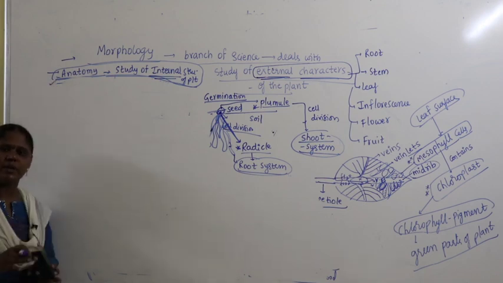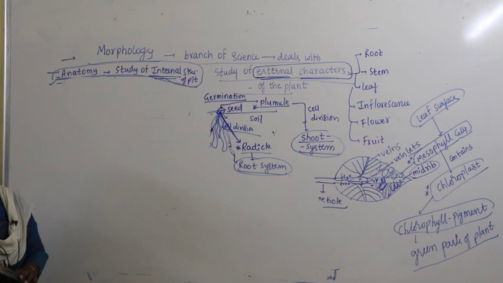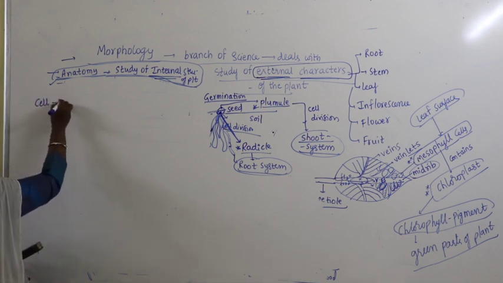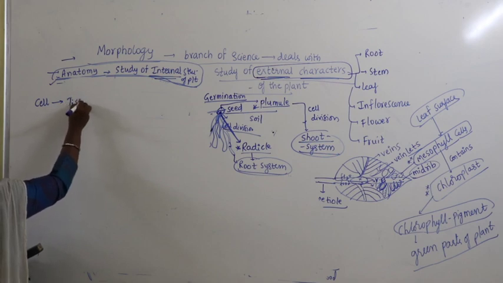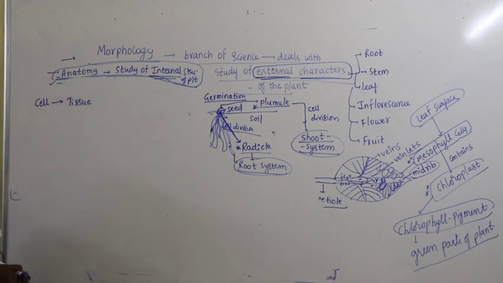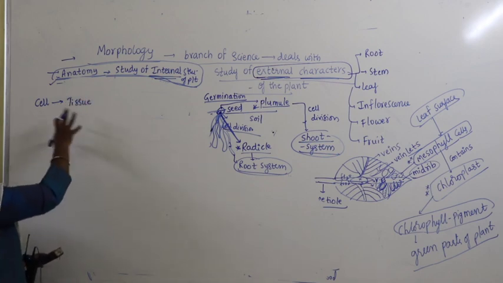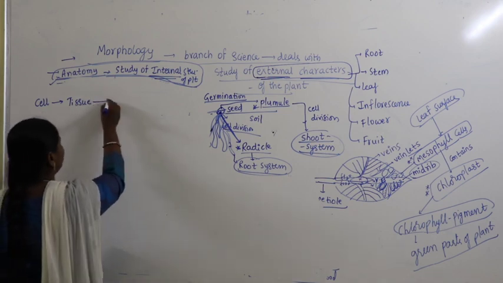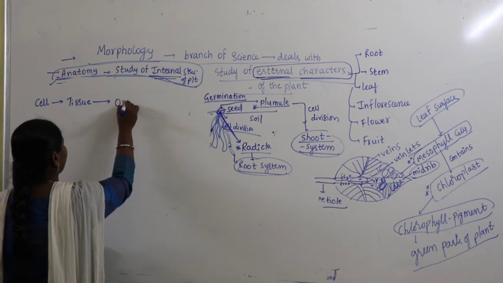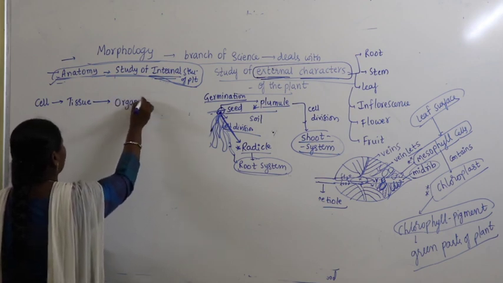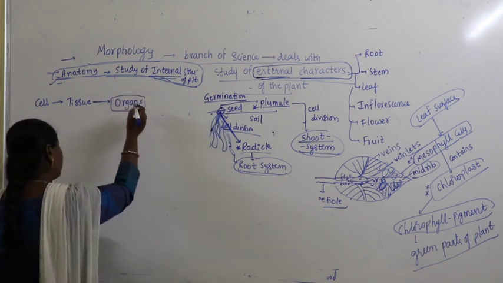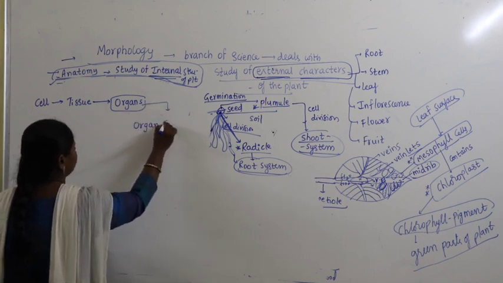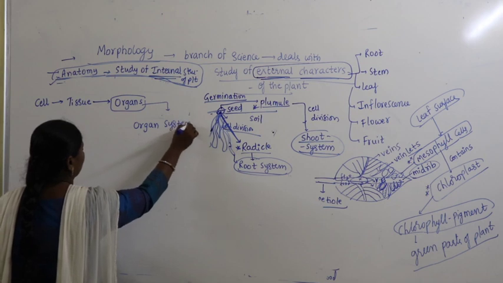Generally, if you take any living organism, the basic part is called the cell. A group of cells leads to the formation of tissue. When a group of tissues join together, it leads to the formation of organs. Organs join together and lead to the formation of an organ system.